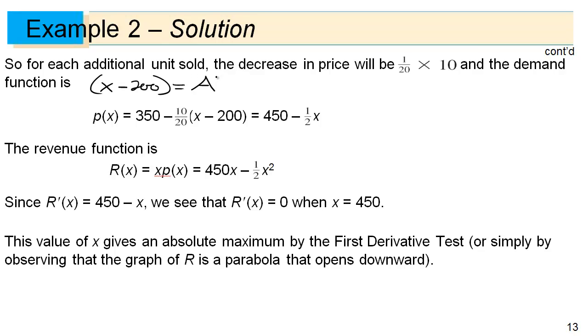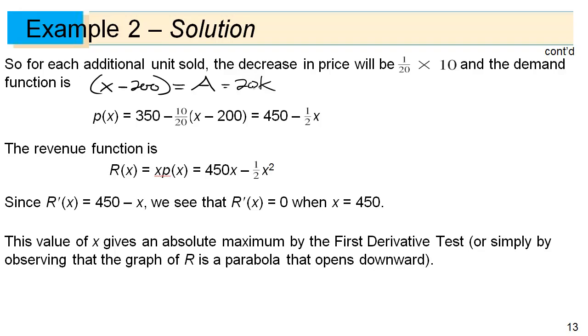Now, according to the market research, every time the price goes down by 10, this increase ends up going up by 20. So we can let this number A be the same thing as just 20 times some other number K. We're just calling it two different things, Bob and Robert.